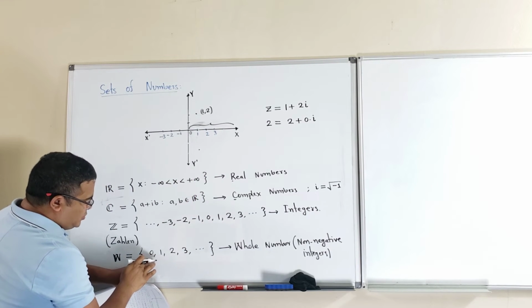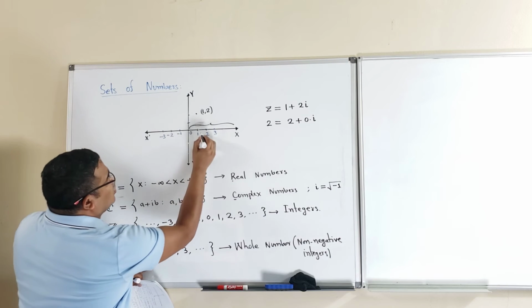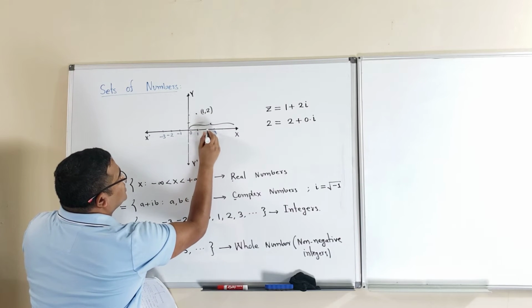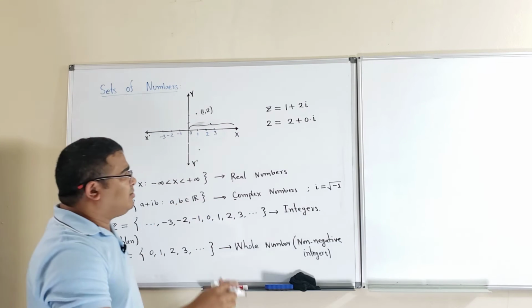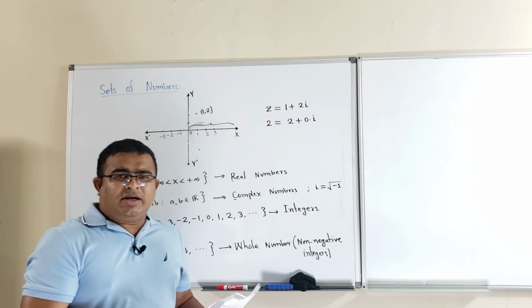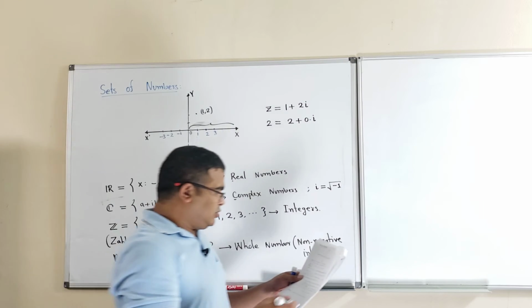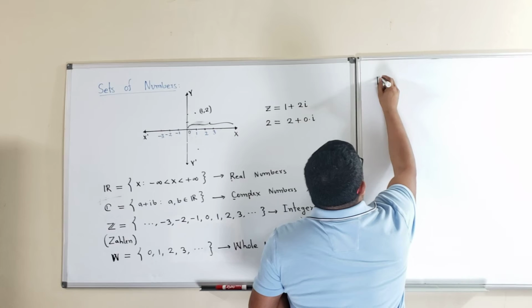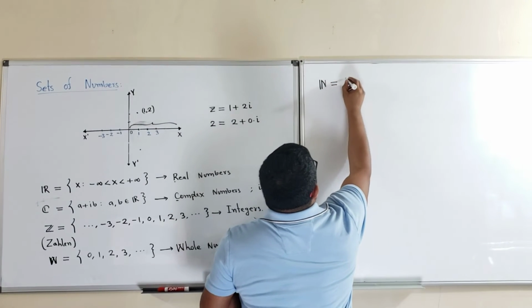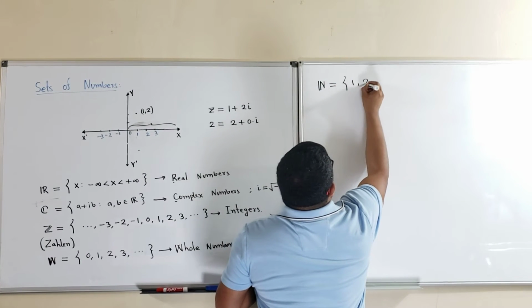Now if you exclude 0 from here, so we will think only these numbers 1, 2, 3, 4, 5, 6, 7, 8, then it is positive integers. It has a special name that is called natural numbers.